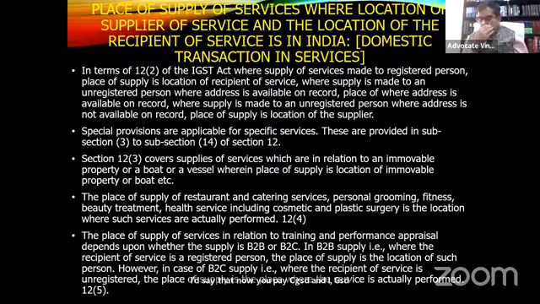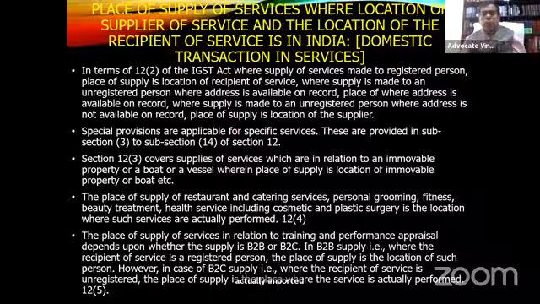Now, there are some special services whereby this default route does not apply. For example, in case of an immovable property, it is the place of the immovable property which is the place of supply. In case of restaurant or catering services, healthcare services, beauty services, it is the place of performance which is actually important.